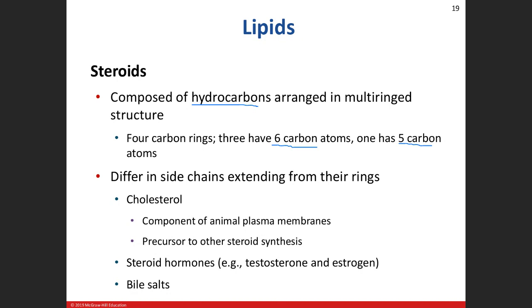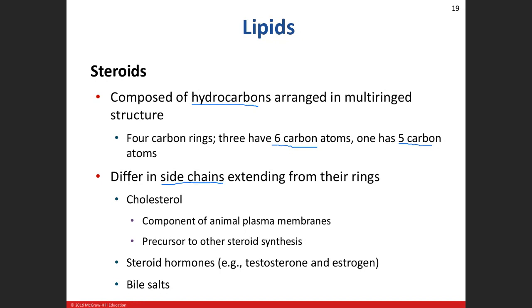Important thing is when we talk about steroids, they are going to be important when we're talking about certain types of hormones, the sex hormones for males and females. But these steroids will differ because attached to their rings, they'll have what we call side chains.